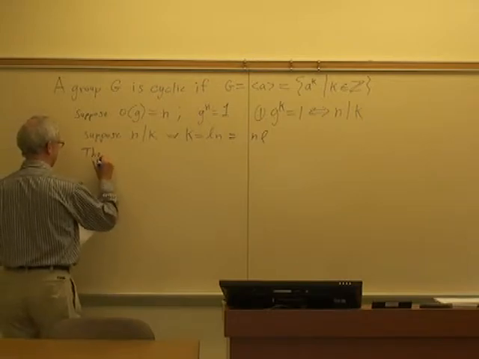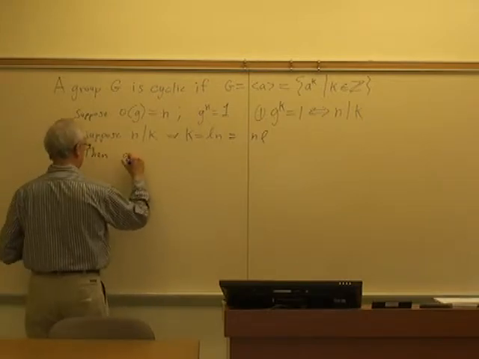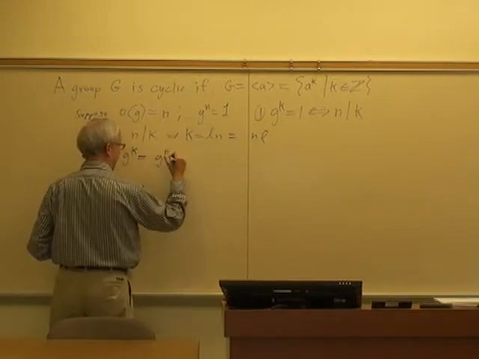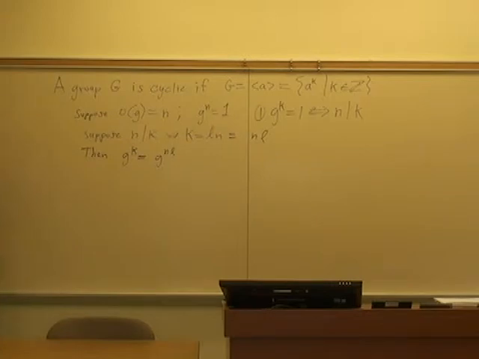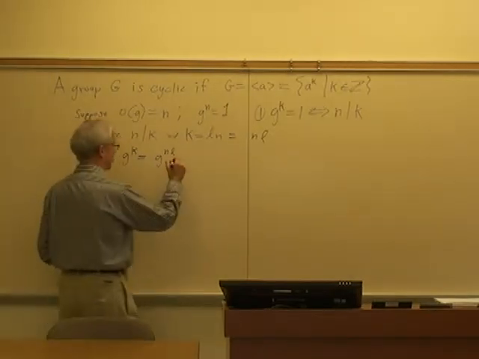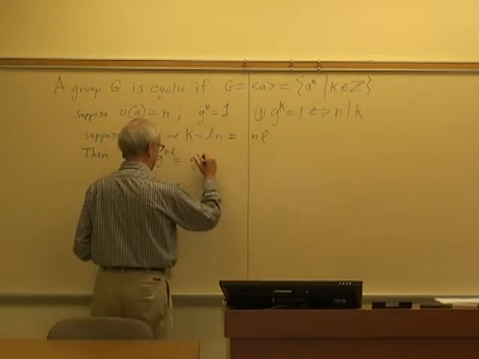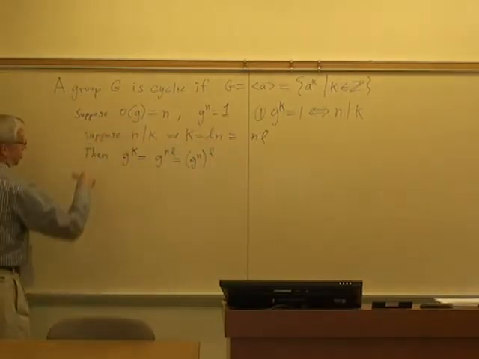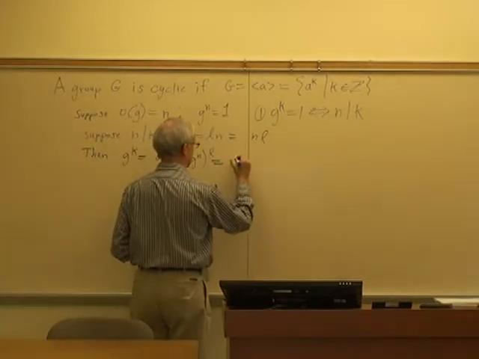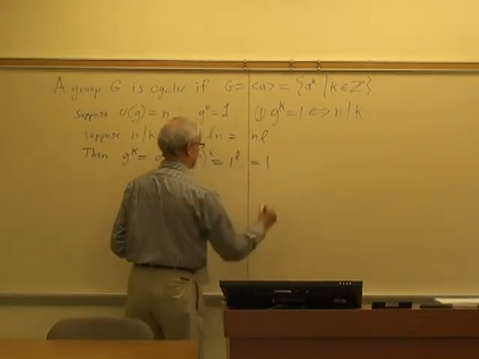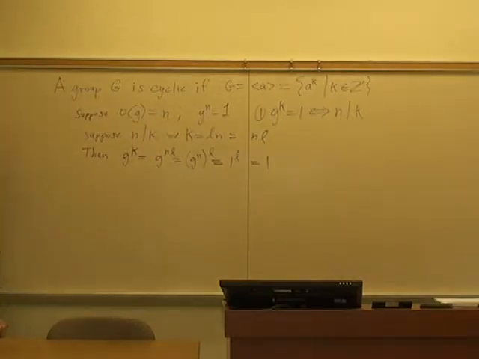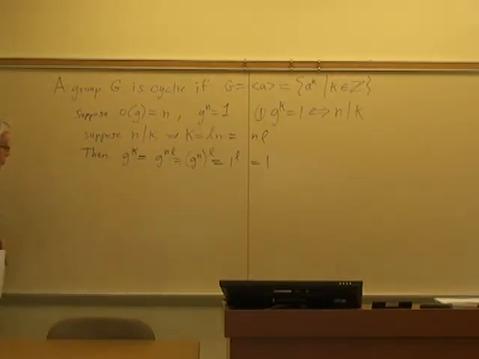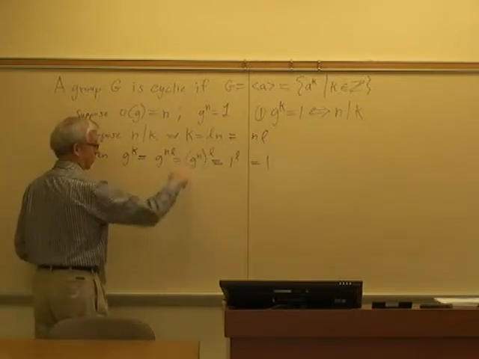Then we have g to the k is equal to g to the nL, which means I have L copies of g to the n, which is really g to the n to the L. But g to the n was by definition, because the order of g is n, 1. So we have the forward way. If n divides k, I certainly get 1 for the answer because I'm taking 1 raised to the power.